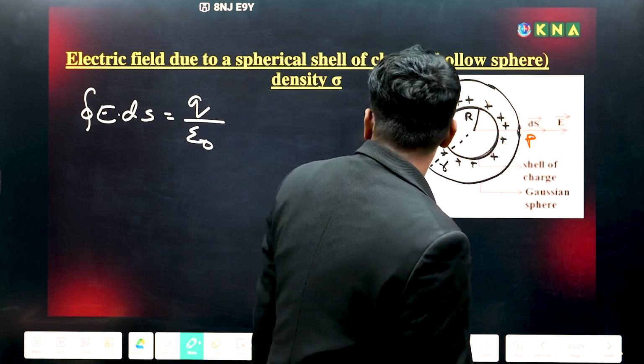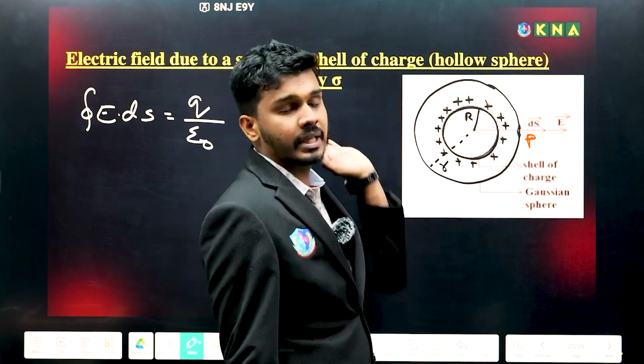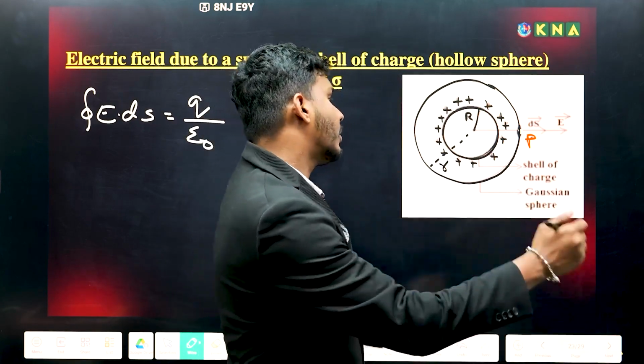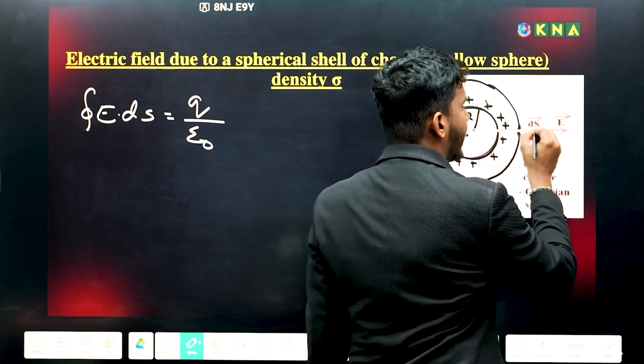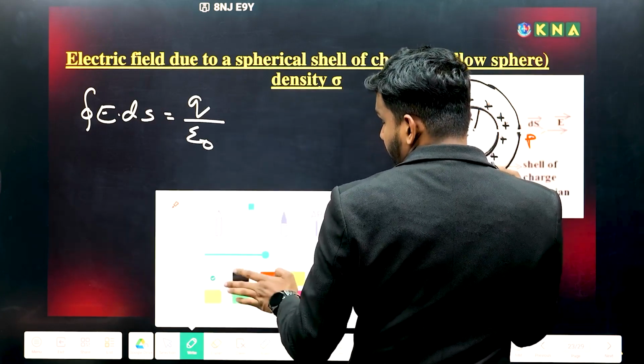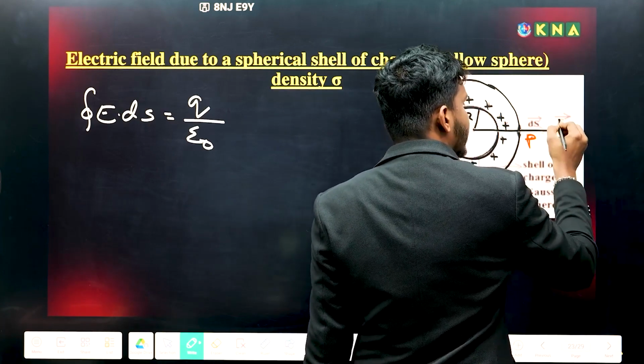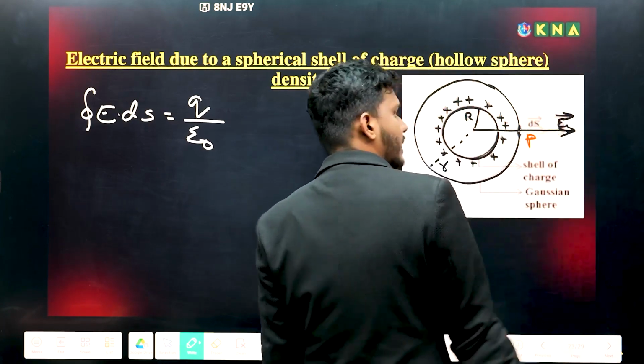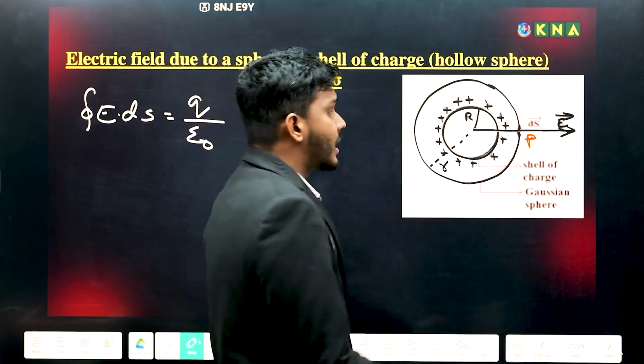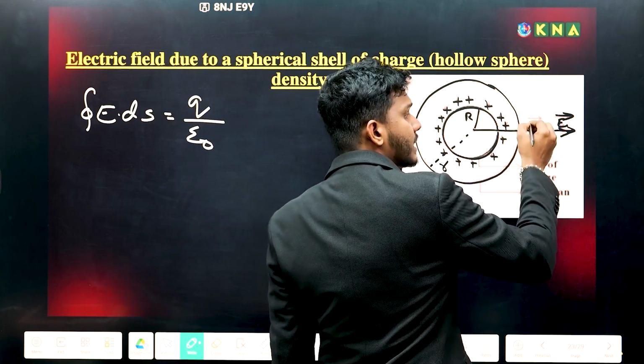In this case, what is the direction of the electric field? This is a positive charge, and the electric field is always away from a positive charge. What is the direction of the surface area?